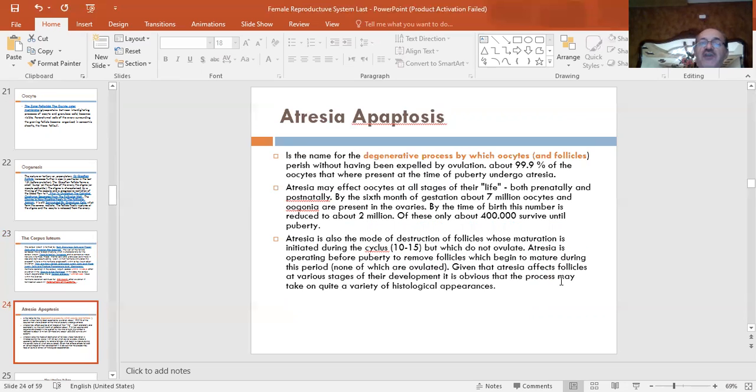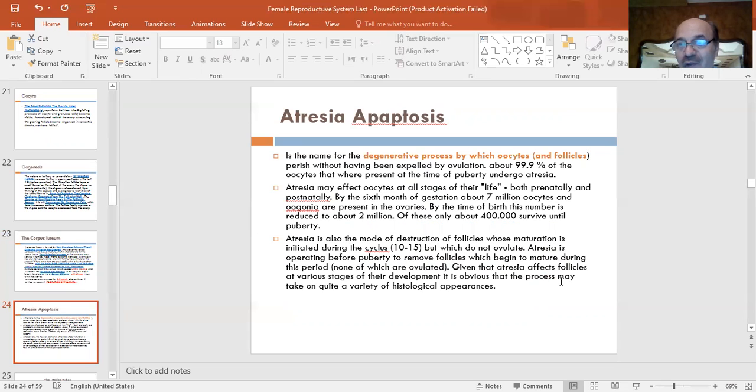Now, regarding atresia and apoptosis: apoptosis is a process of physiological death that occurs in several tissues of the body, in particular the reproductive organs. So apoptosis occurs among the population of the oocytes at different stages. Right from the beginning, as I said, the female initially, the oogonia could give us up to 5 million primordial follicles.